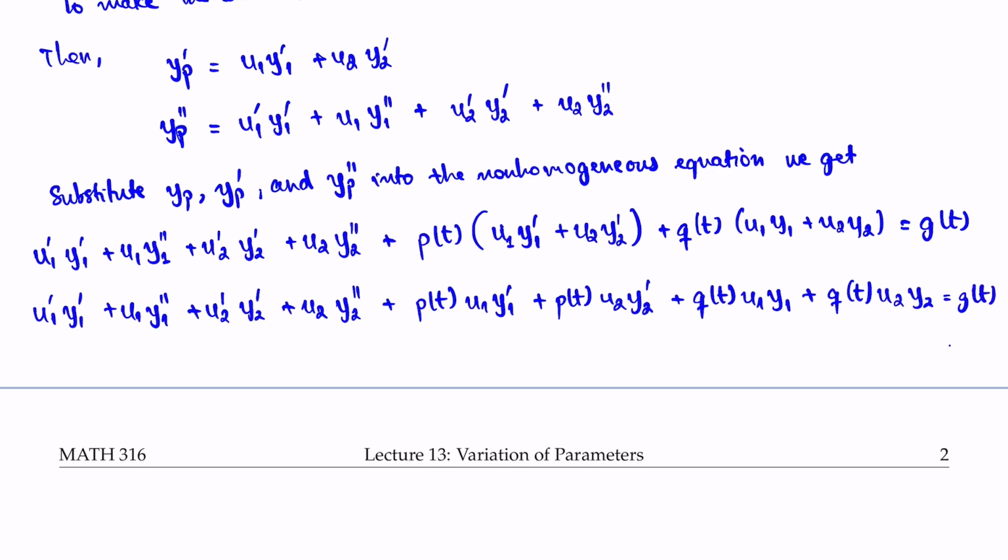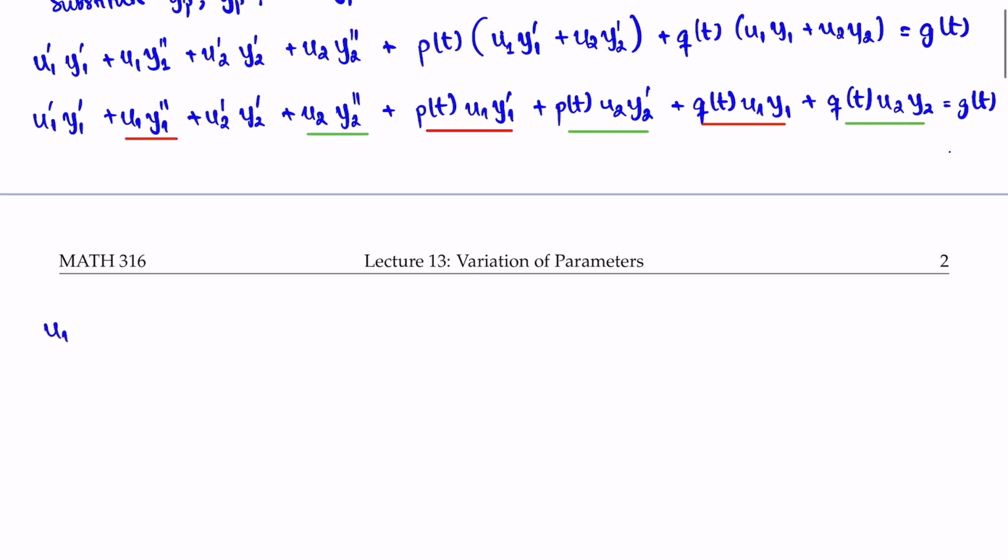Now we're going to take u1 as the common factor and u2 as the common factor. I see that we have u1 terms here, another u1 term here, and a u1 term here. I have u2 here, and u2 here. So u1 is a common factor, and you're left with y1 double prime plus p of t times y1 prime plus q of t times y1.